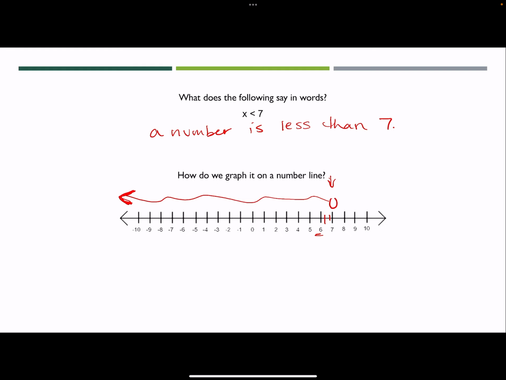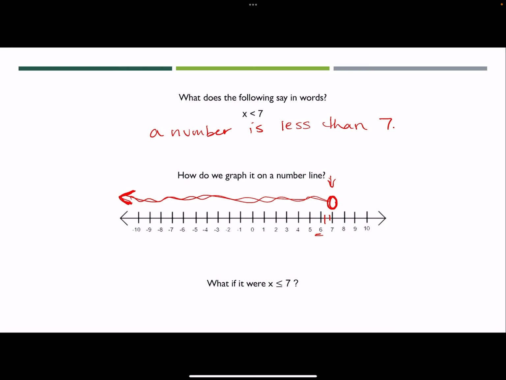So we use what's called an open circle. So we put an open circle at the number 7, and that means that this shaded region goes all the way up to 7, but it does not include 7. So it includes 6.99999999999, right? But not 7. So what if it were x is less than or equal to 7?